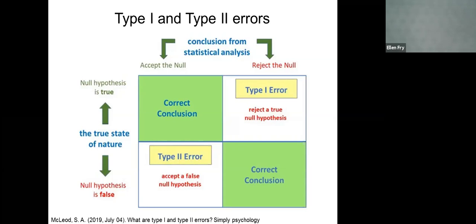You can reduce your chance of committing a type 1 error by reducing your acceptable level of P. So instead of looking for P is less than 0.05, a 95% chance, you look for P is less than 0.01, a 99% chance. An example could be if you find a positive pregnancy test, but the woman is not pregnant.